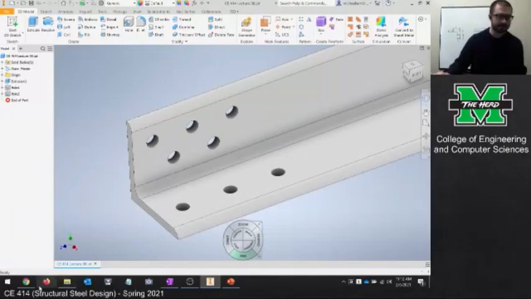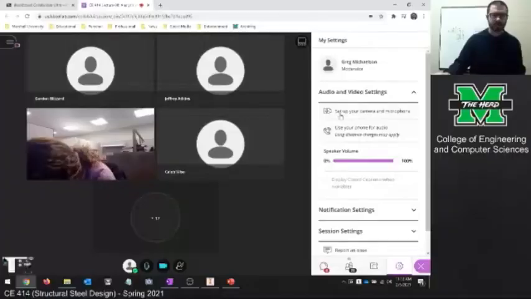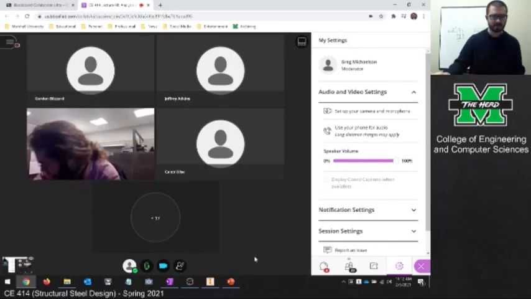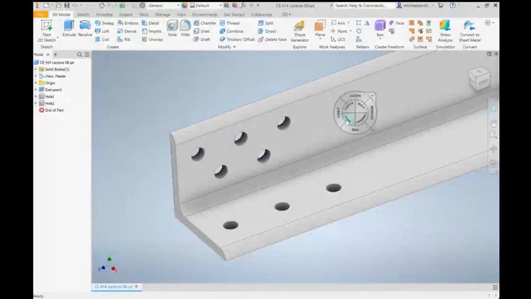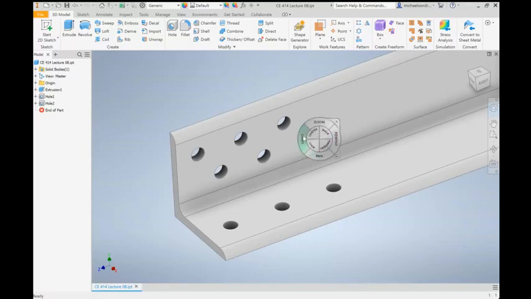Let me try something here because my screen's flashing a bit. Let me stop share, or actually let me share my screen. I want to see if that reduces the flashing. Okay, I think that worked a bit. So how are we going to compute the stagger factor? That's going to be kind of tough, right?